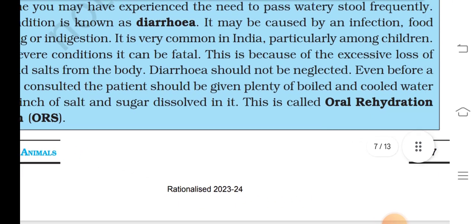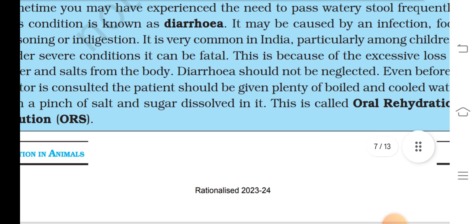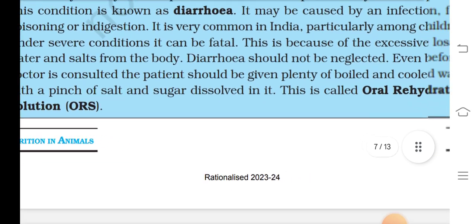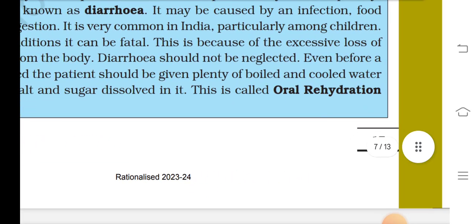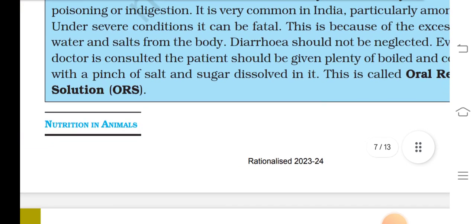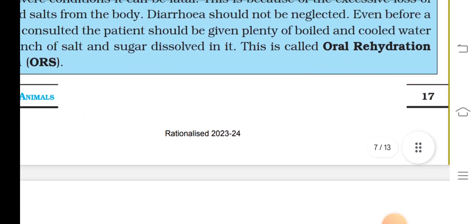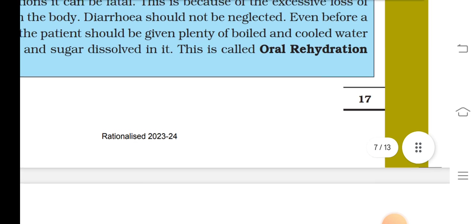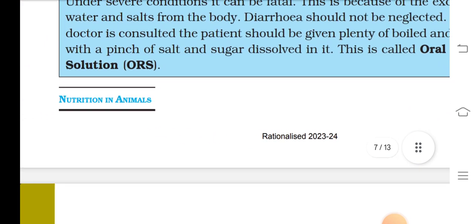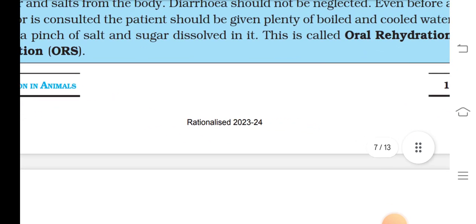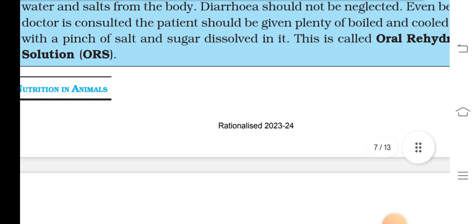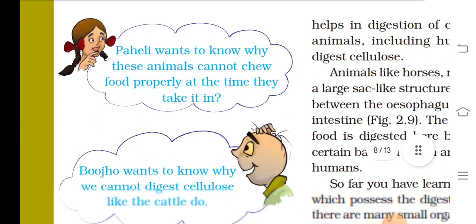It can be fatal. This is because of the excessive loss of water and salts from the body. Diarrhea should not be neglected. Even before a doctor is consulted, the patient should be given plenty of boiled and cooled water with a pinch of salt and sugar dissolved in it. This is called oral rehydration solution, ORS.